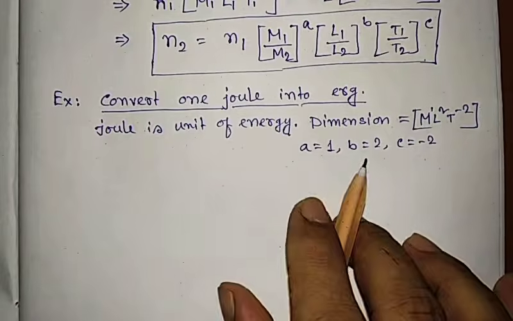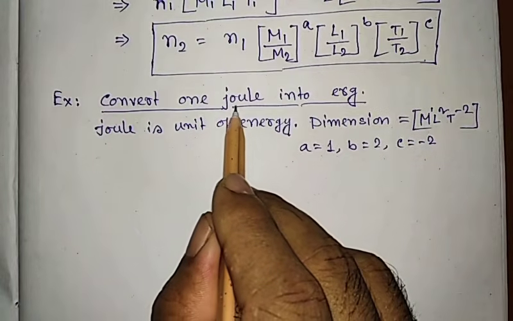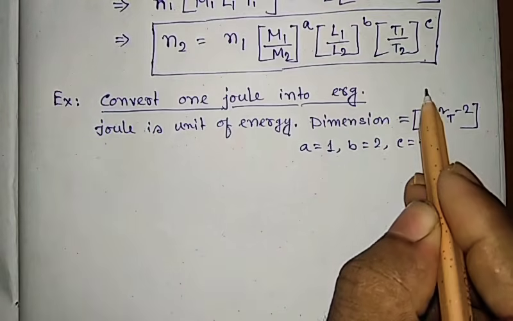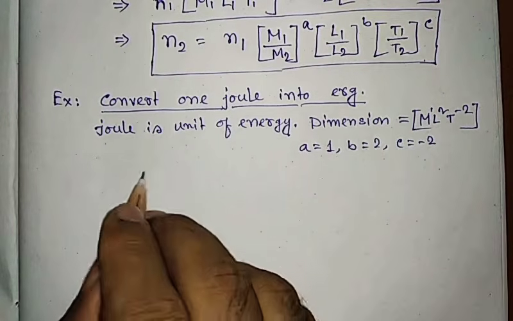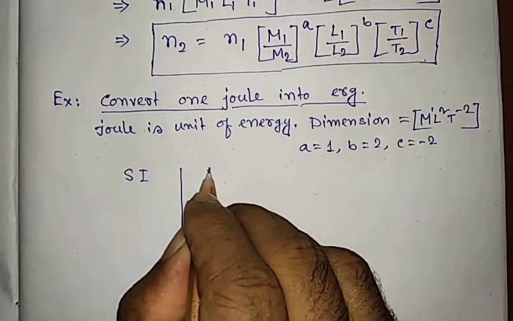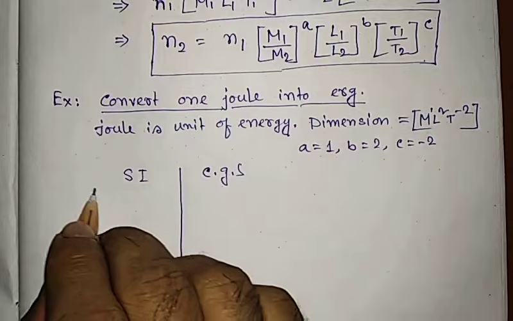Now this is joule, a unit in SI, and erg is in CGS unit. So we convert SI to CGS unit.